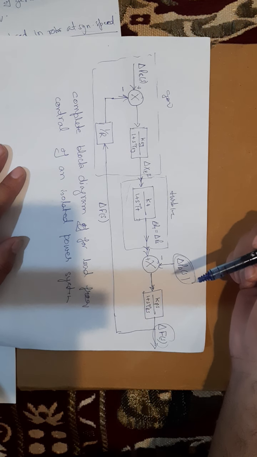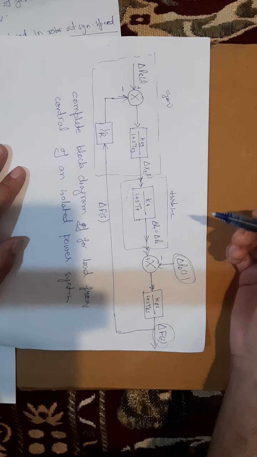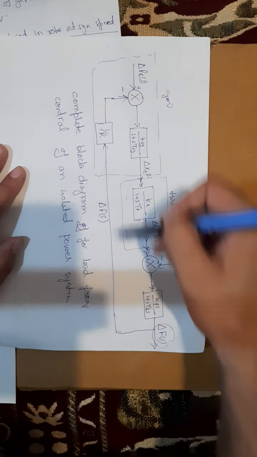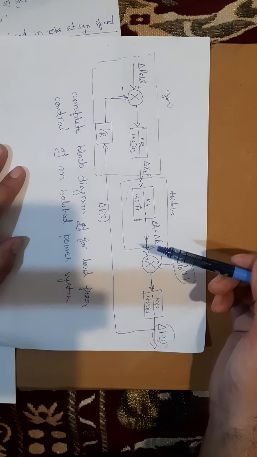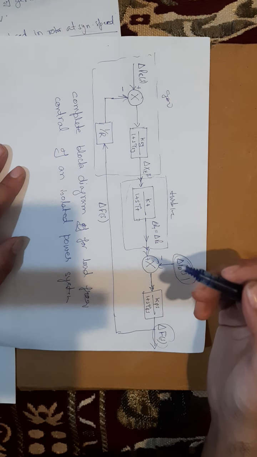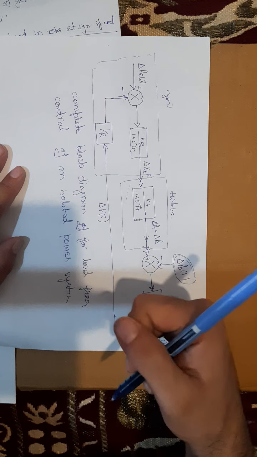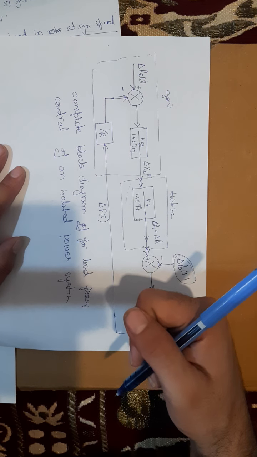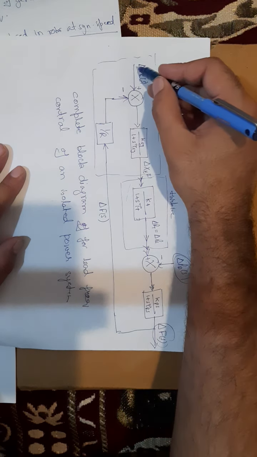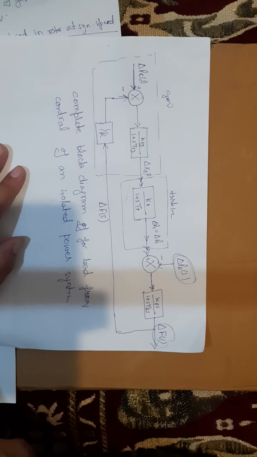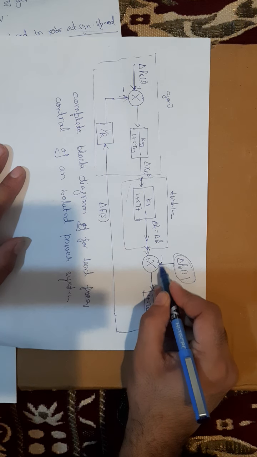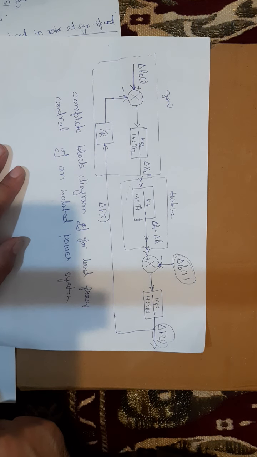We observe there are two important incremental inputs to the system. The first input is the change in the position of the speed changer, delta PCS, and the second is the change in demand, delta PD.